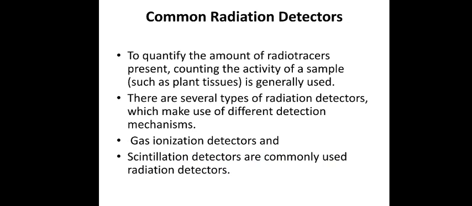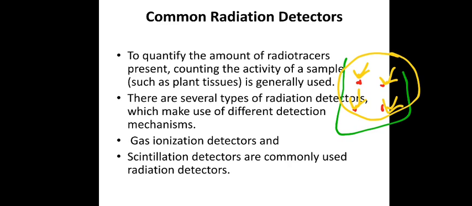In a solution, if there is a chemical of your interest, your radioactive element will go and bind to it. So the amount of this radioactive element present will be proportional to the chemical of your interest. You quantify the radioactive element present in the sample, which is equal to the chemical of your interest present in the sample.